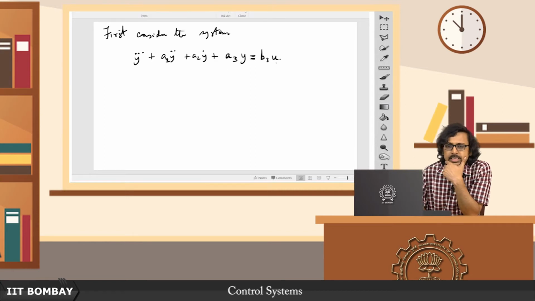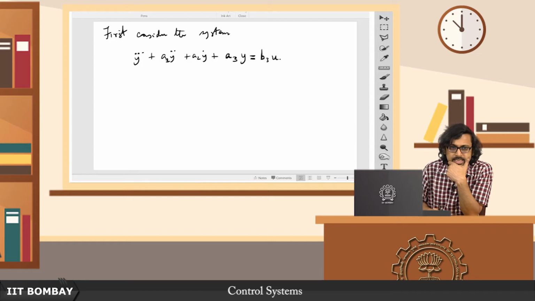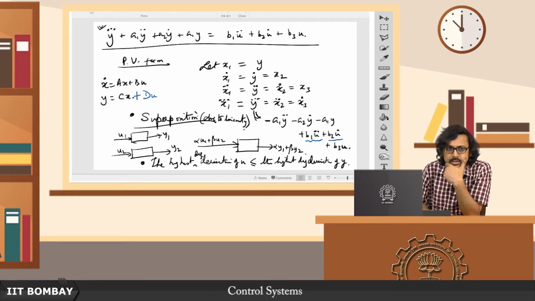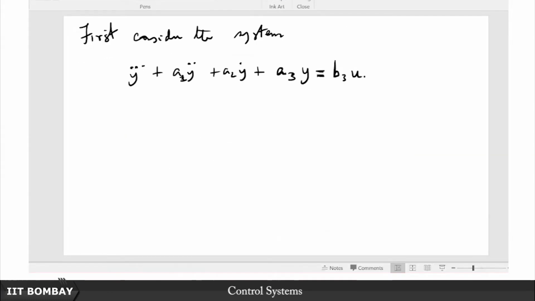Now this we can easily handle. Now consider this earlier description, so these terms would then vanish. So in this case, let me just repeat the last line here, sans this u double dot and u dot, because now we are only considering this b3 u to exist and these two to disappear. So we are going to consider this last equation now.